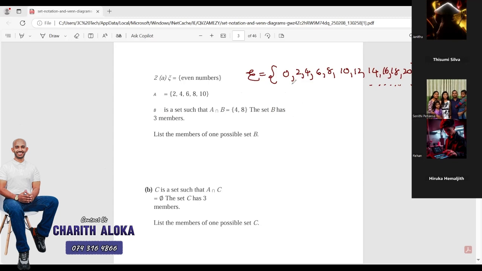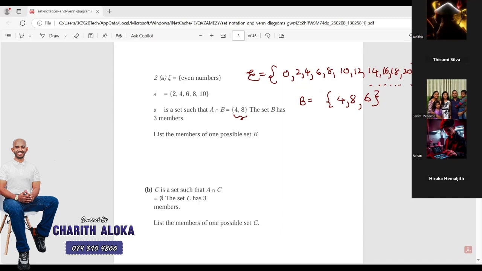Then we have to construct a set by including even numbers for the set B, also including 4 and 8, because A intersect B should be 4, 8. Then 4, 8 should be there in B. In addition to that, there should be another even number. So I get there 6.